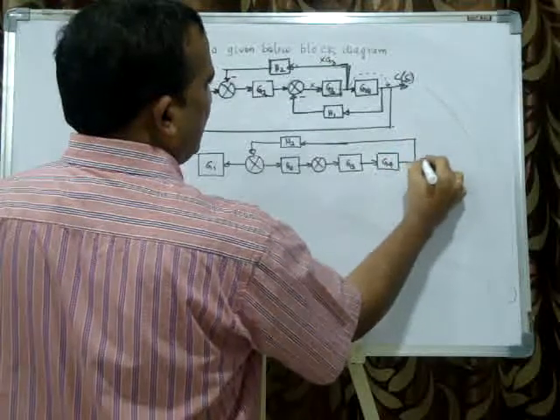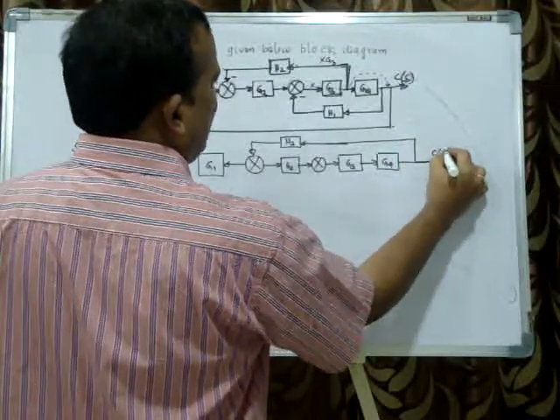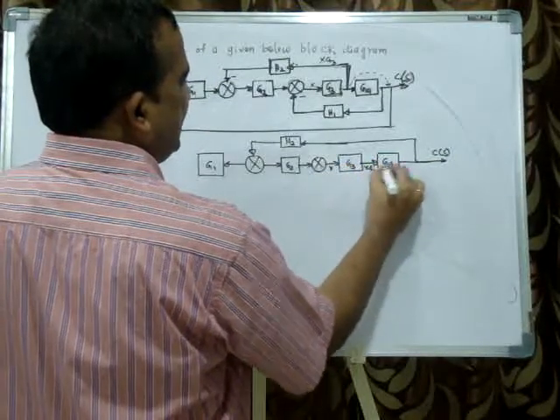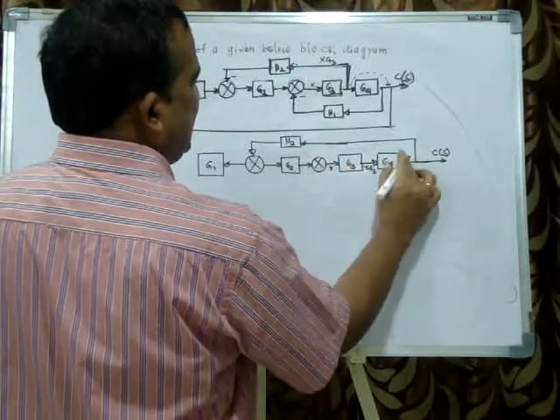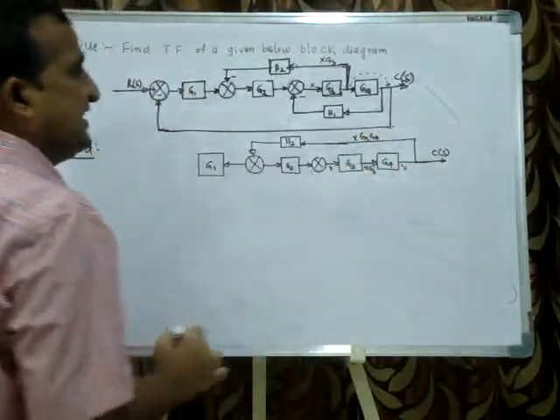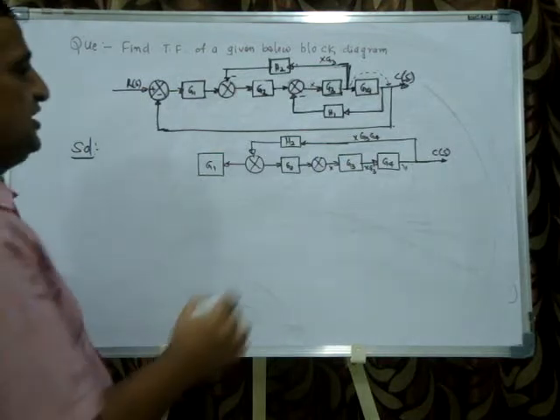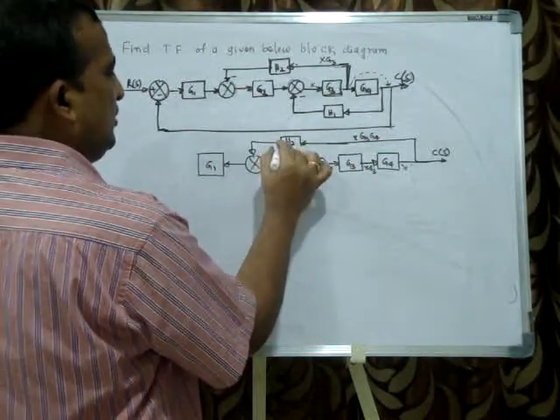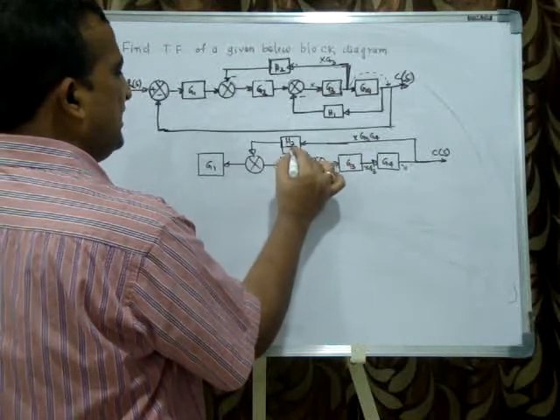Now I'll shift here, C(s). If I shift here, this is X G3, here X G3 G4, here I am getting X G3 G4, but I want X G3 only, so G4 is unnecessarily coming, so I have to divide this by G4, then both are equivalent.